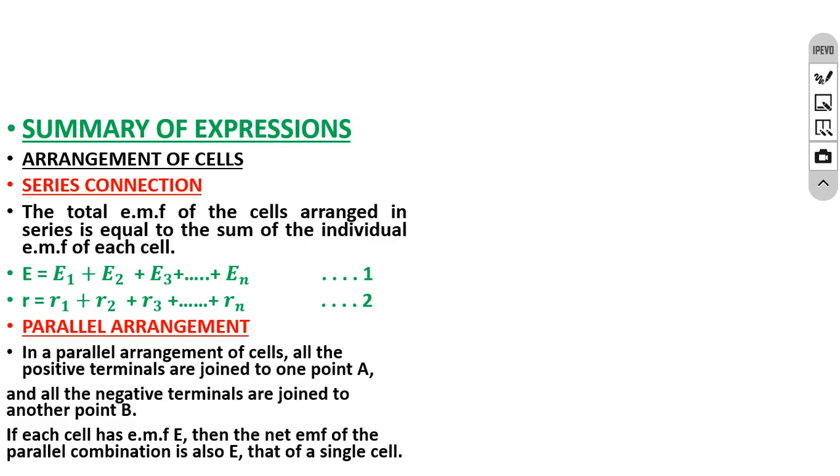So you now see here the sentence says if each cell has EMF E, then the net EMF of the parallel combination is also E, which is the same as that of a single cell.